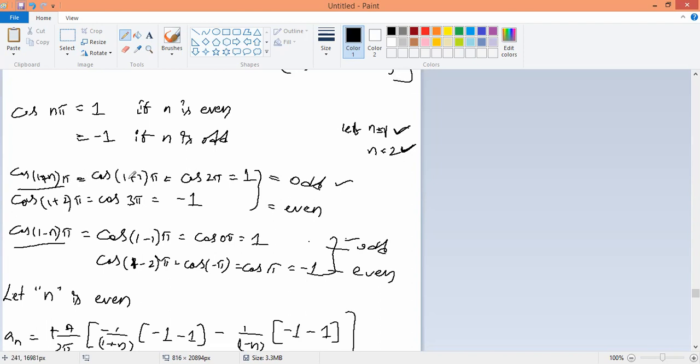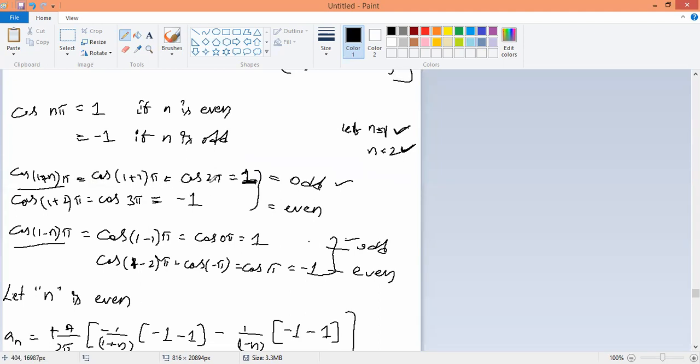That equals cos of (1 plus 1) pi, that equals cos of 2 pi. Now if n is odd, cos of (1 plus n) pi value is 1. Next, n is even, that is 2, cos of (1 plus 2) pi equals cos of 3 pi, that equals minus 1.